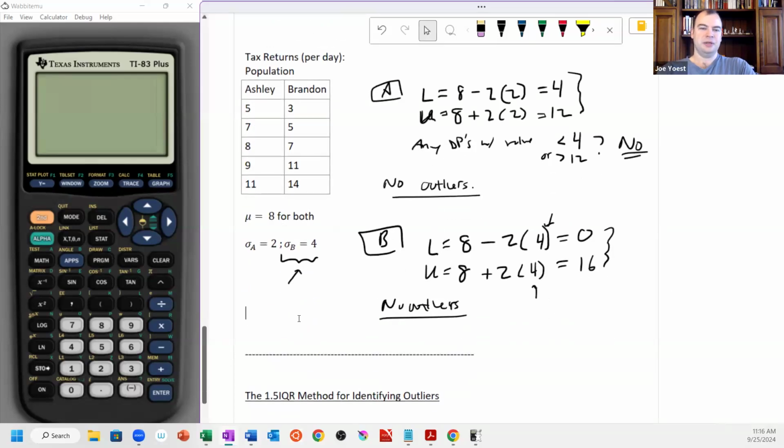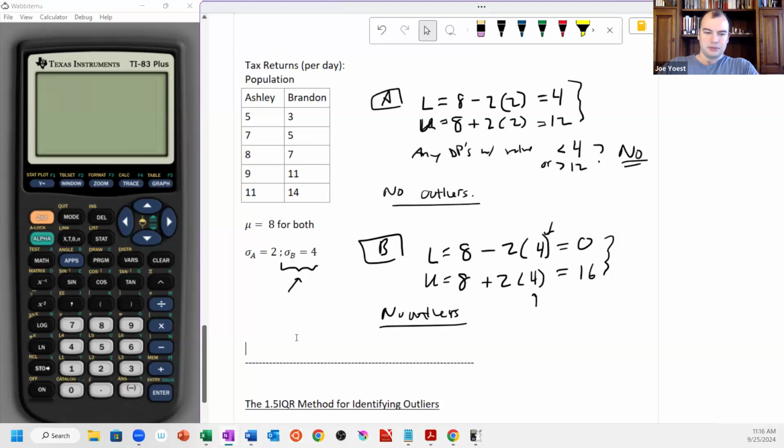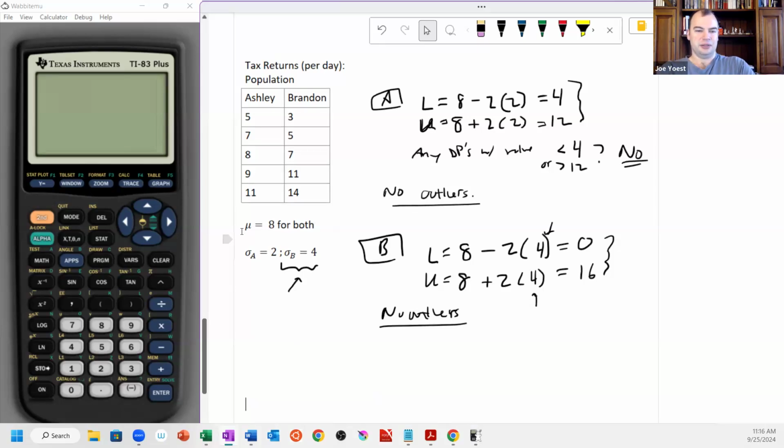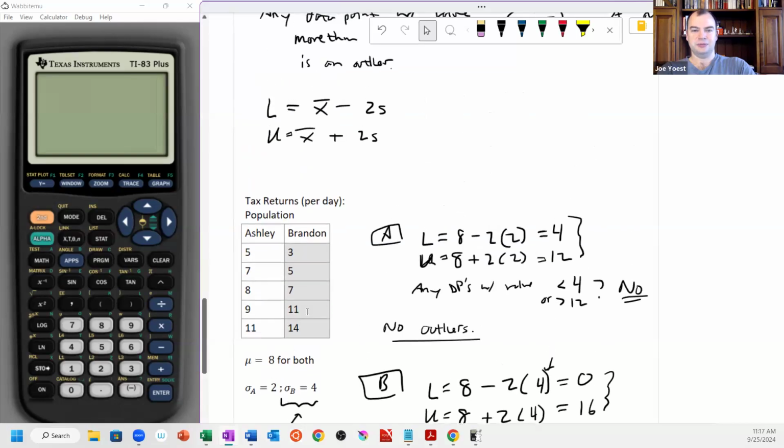Okay, so that's a pretty quick and easy test, right? We go to Excel, let's say, and compute the mean and standard deviation for our data set, and we either construct a lower and upper bound and search for outliers that way, or next to each data point we could construct the z-score for its value.